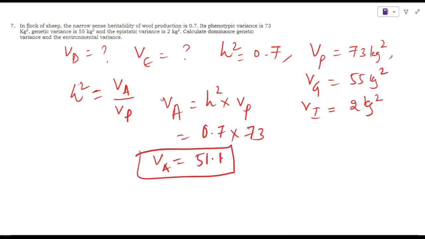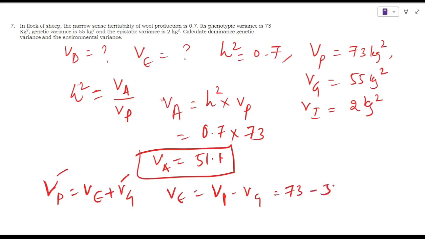We calculated VA here, and next we'll proceed to one more formula: VP is equal to VE plus VG. Here we already know VG and VP, so we need to calculate VE. VE is equal to VP minus VG, that is 73 minus 55. Then you will get 18, that is VE is equal to 18.